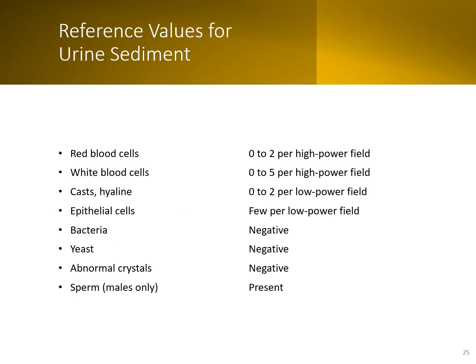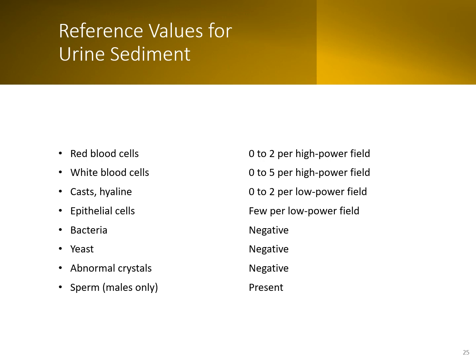So when we look at urine, red blood cells, white blood cells, and casts, it's not abnormal to see an occasional or a few of those, but once you get to higher numbers is when it's significant. Same with epithelials. You could see an occasional one, but if you start seeing high numbers, then it indicates contamination.